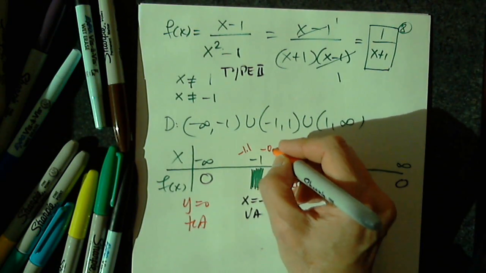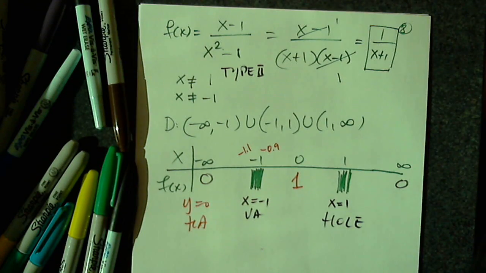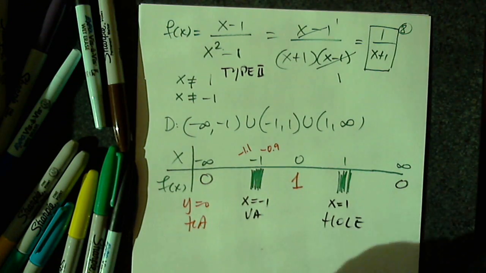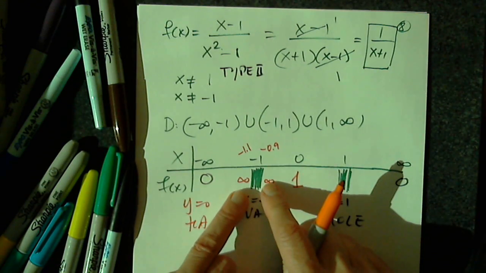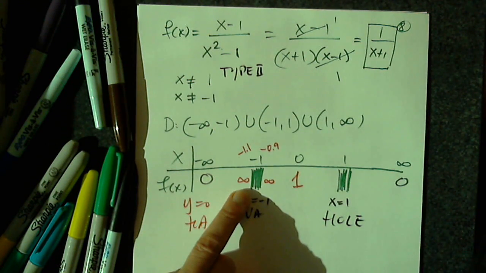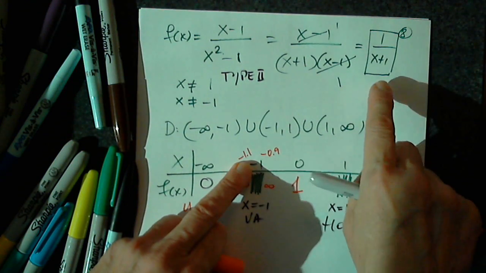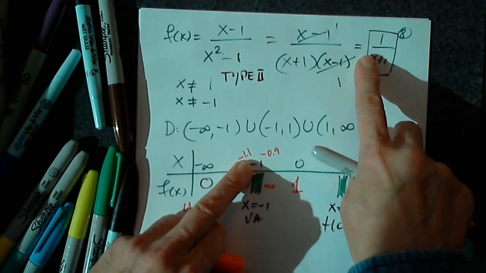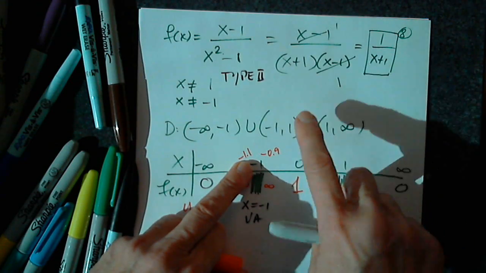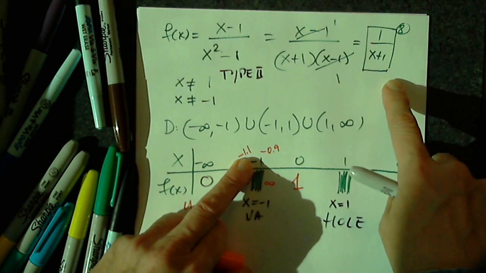You know exactly what I'm trying to do with these. I'm trying to determine the sign left and right. I know once I write it's a VA, it has to be infinity, but I don't know the sign of the infinity. So let's plug in -1.1. -1.1 plus 1. What is the sign of the denominator? Negative.